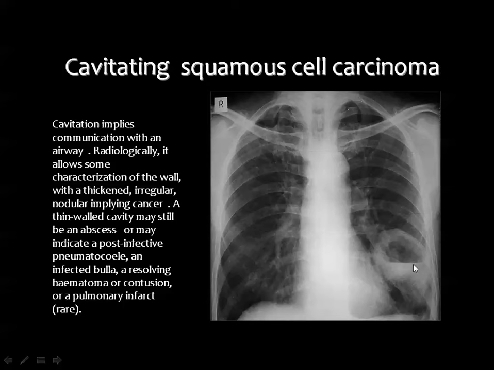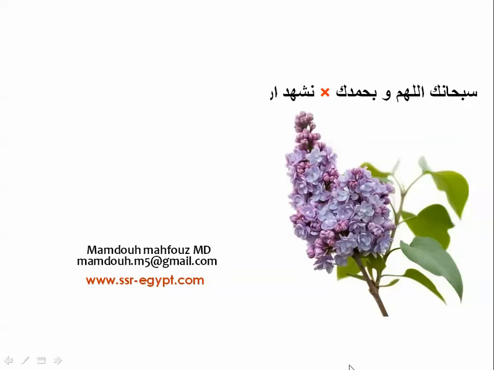But if you have a suspicion about the wall of the lesion and the irregularity of the inner margin, you should confirm this by the CT scan. And don't jump to the diagnosis of cavitating bronchogenic carcinoma from the plain film unless you are sure about the thickness of the wall and the irregularity of the inner margin. And I thank you very much.